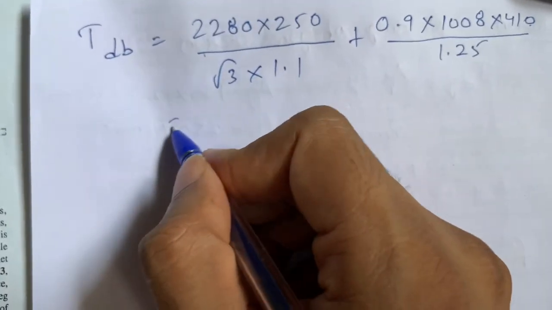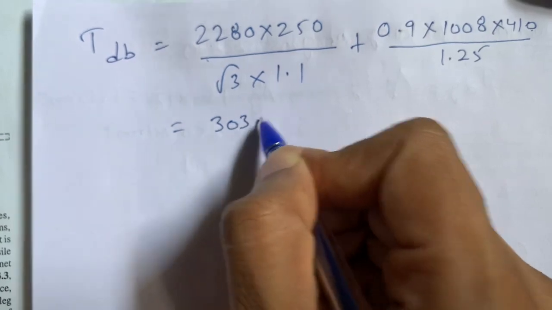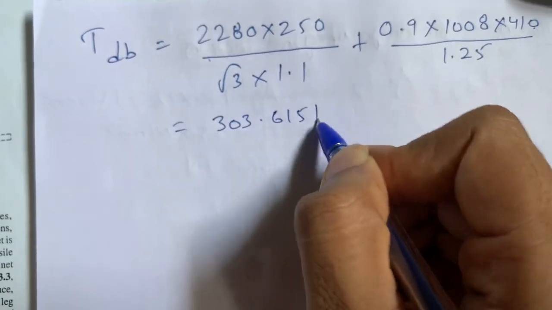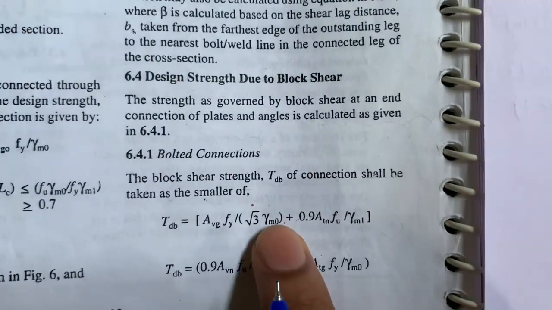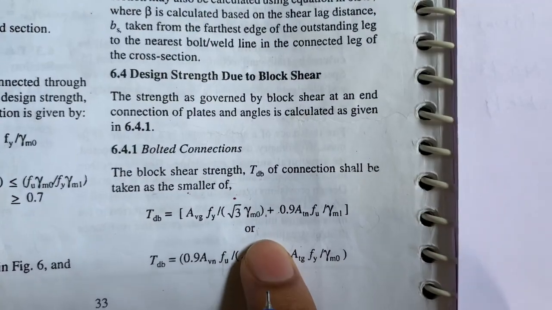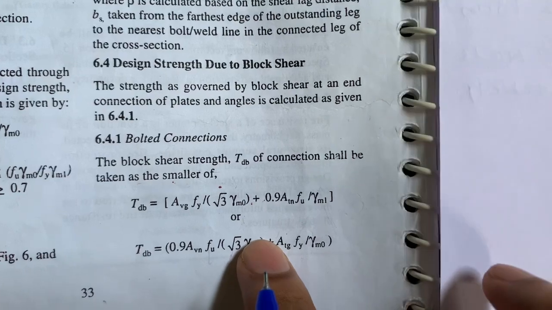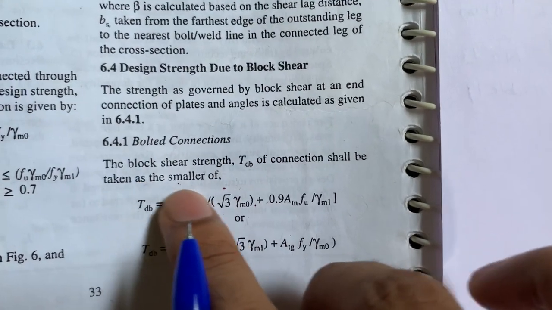After calculating this, I got 303.615 kilonewtons. For the first equation I calculated; the code specifies that we need to calculate for both equations. After that we need to take the smaller value, the code specifies that only.